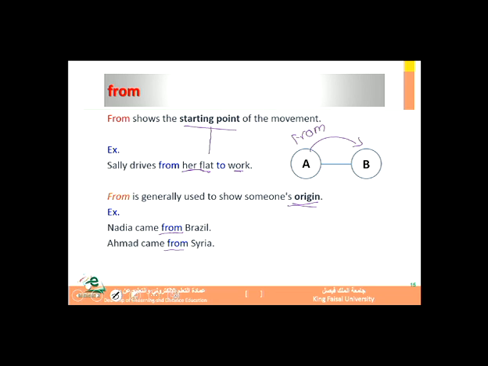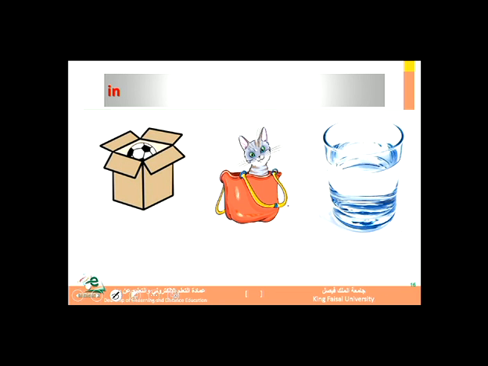I came from Syria. He came from Lebanon. So the second use for the preposition from is to indicate someone's origin, the place he has come from.